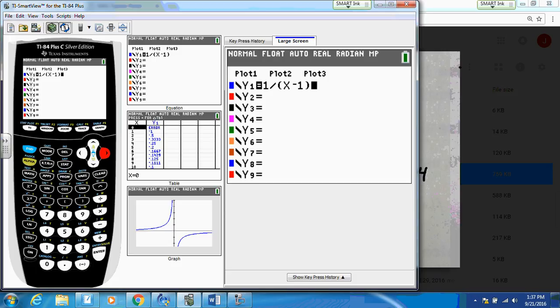Sorry, guys. For some reason they decided to have two different signs. One of them was a unitary negative sign, and the other was a legit subtraction sign. And if you enter this as 1 over x negative 1, the calculator will interpret this as 1 over x times negative 1.